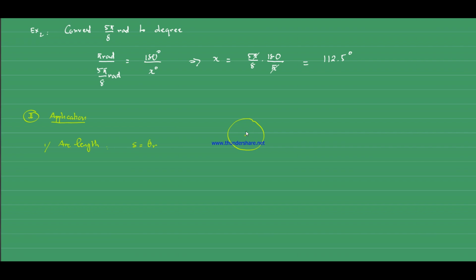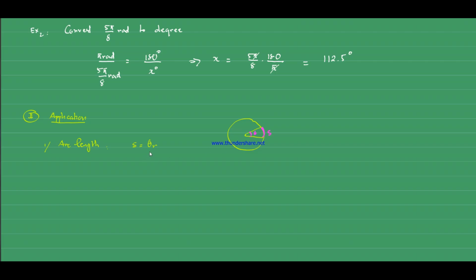Let's say I want to find this arc length right here. I'm going to call this arc length S over here, and I have an angle theta over here, and the radius over here, so I can find it given theta in radian.